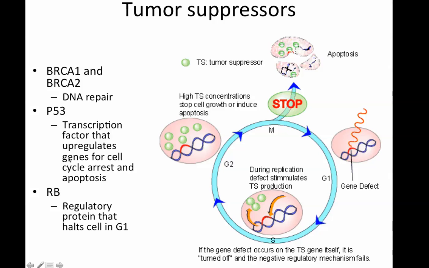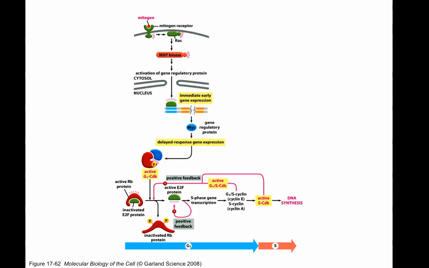P53 is a transcription factor that when P53 knows that there's cell damage, it upregulates other genes that cause cell cycle arrest or apoptosis. And RB is an important protein that actually halts cell cycle in G1. If I go back to the previous picture here, you can see here is the RB protein.